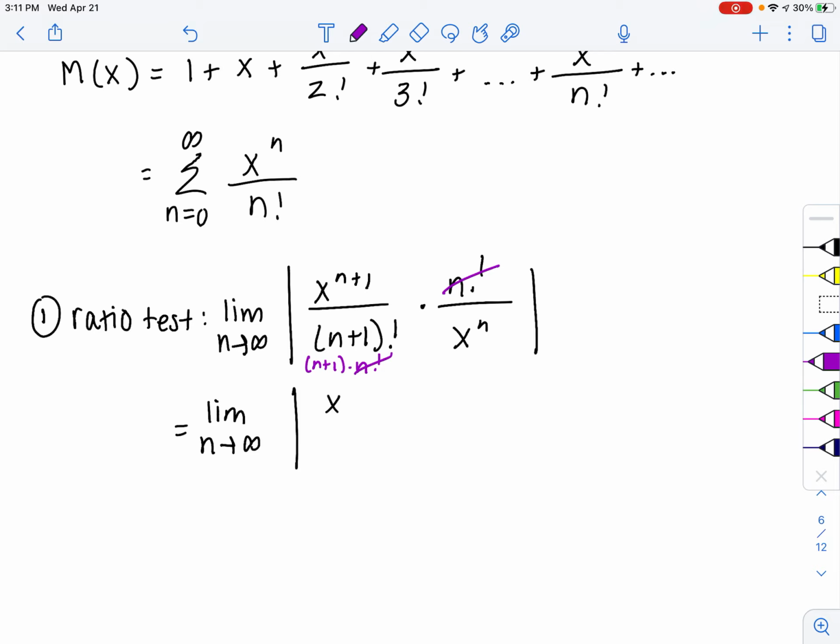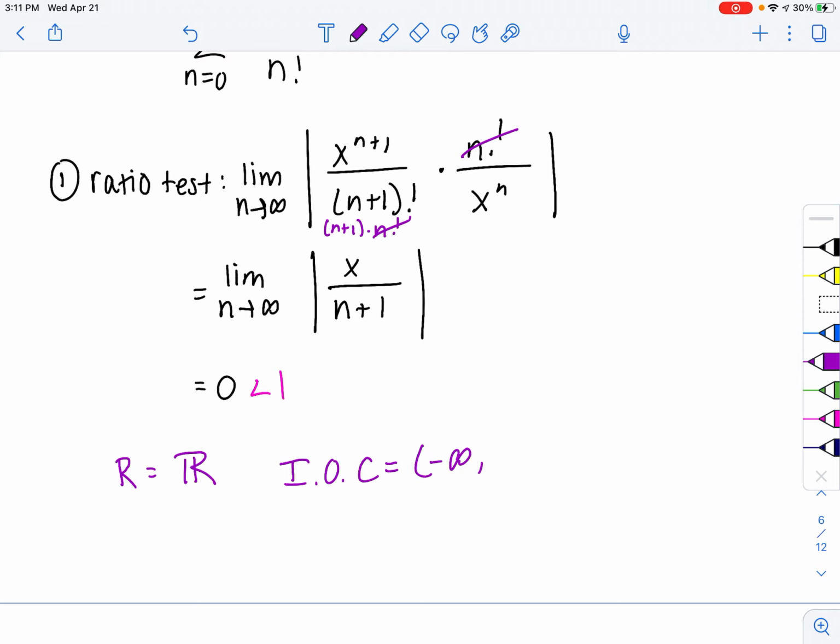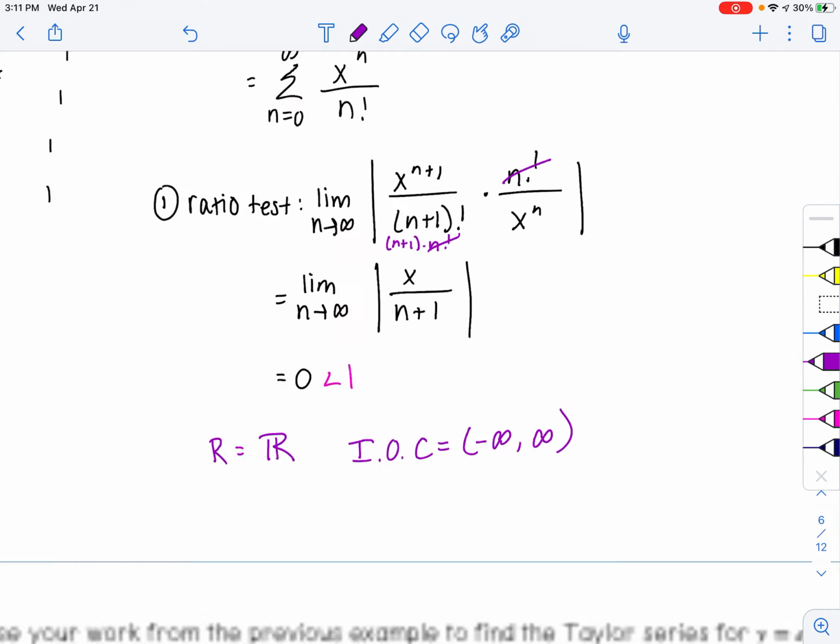So then those cancel out. So we get left over n plus 1. So remember, we're taking the limit as n goes to infinity. So just like our last example, this limit is actually going to equal 0, and that is always less than 1. So our radius of convergence is going to equal all real numbers, and our interval of convergence is all real numbers, so negative infinity to positive infinity.